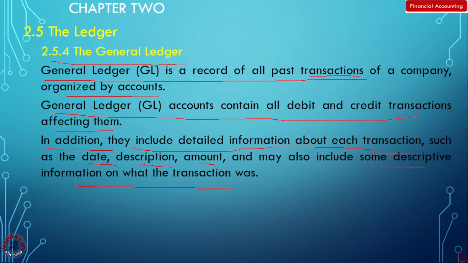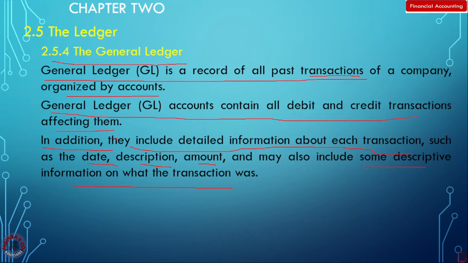The details that we get from the source documents are the details that we use to make records within these accounts: the date, description, amount, and other discrete information on what the transaction was all about.